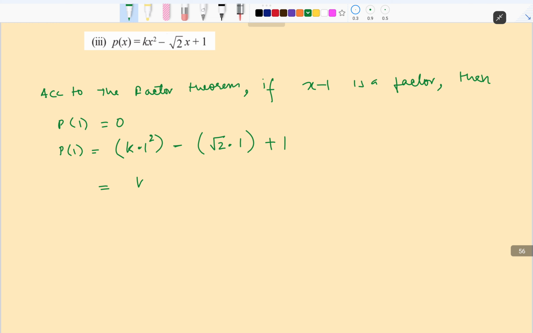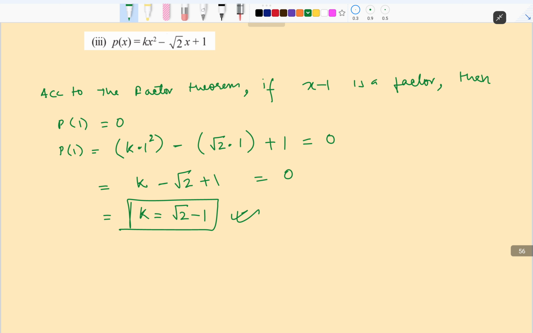K times 1 square is k, minus root 2 times 1 is root 2, plus 1, which should be equal to 0 because 1 is the 0 of the polynomial. So k will be root 2 minus 1. This is the value of k.